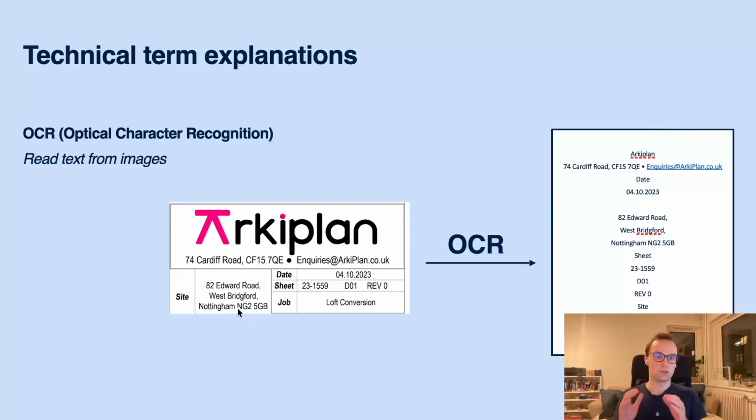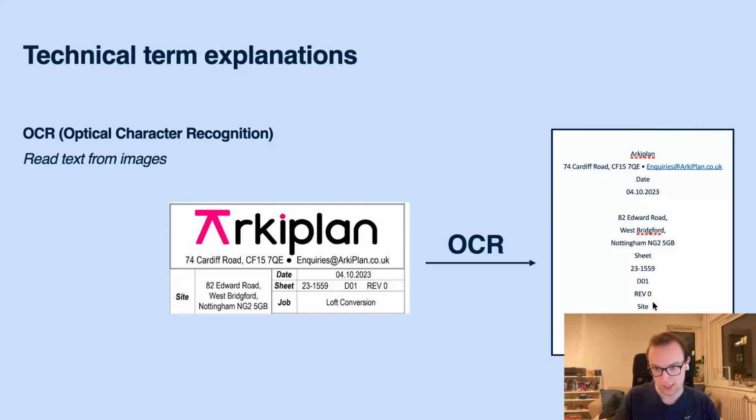So you know that the site in this image is 82 Edward Road. However, in the OCR text, that is not the case. Site is extracted as a word, and in the extracted text, site has no correspondence to the 82 Edward Road. So if you now applied an LLM to this text, like a normal LLM such as ChatGPT, you would only be able to use it on a piece of text.